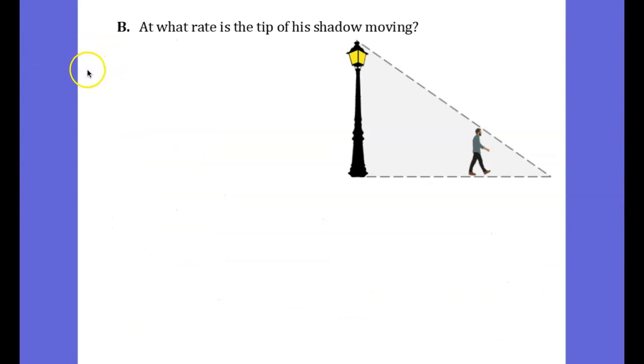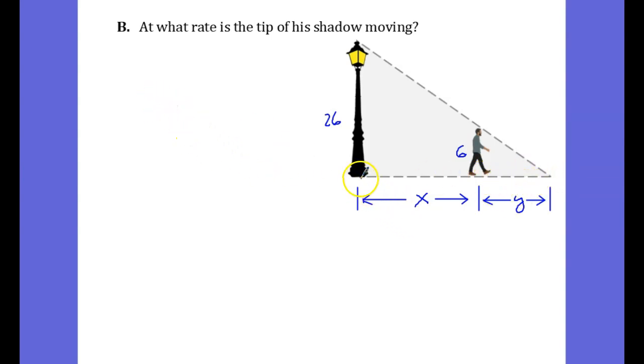Now in part B, they ask, at what rate is the tip of his shadow moving? Well, the tip of his shadow, remember, Andy is x feet away from the lamppost at any given time, and the length of his shadow is y feet at any given time. The height of the lamppost is 26, Andy's height is 6. So when they ask about the rate that the tip of his shadow is moving, that's going to be the sum of the two rates that correspond to his distance changing, dx/dt, and the length of his shadow changing, dy/dt.